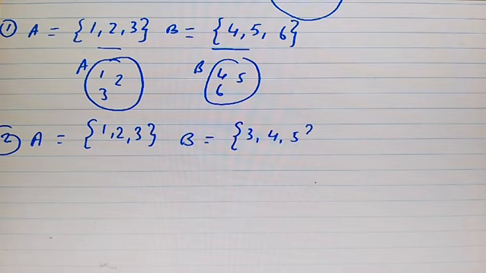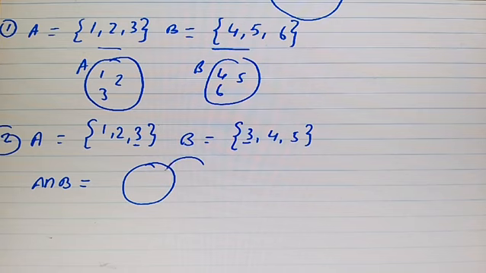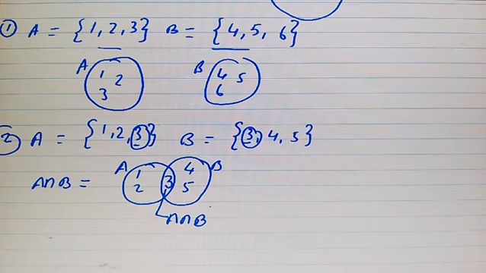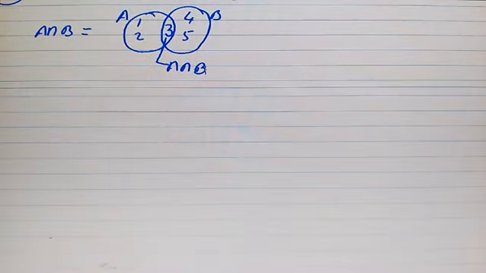If we want to represent A intersection B, then we will make two overlapping circles, in which we will write the common element in the overlapping part, and the rest to the belonging set. Here 1 and 2 belong to A, so it is A, it is B, and this part is called A intersection B. Okay, is it clear? I hope it is clear to all. Let's make some space and move forward.